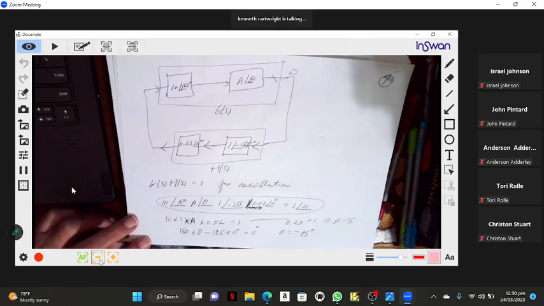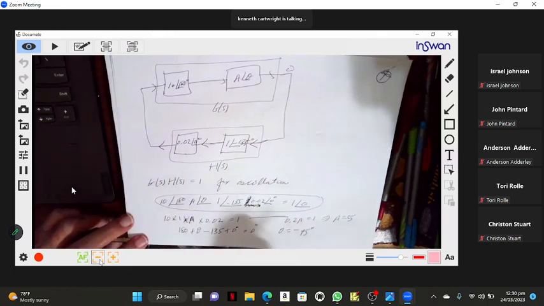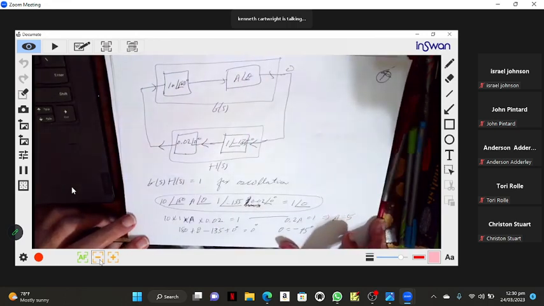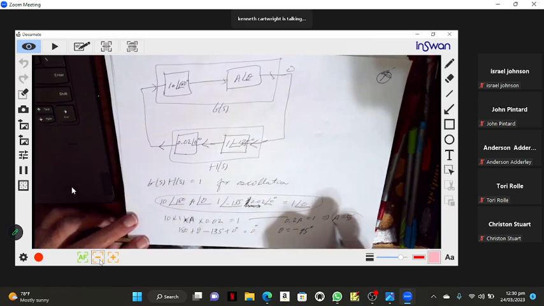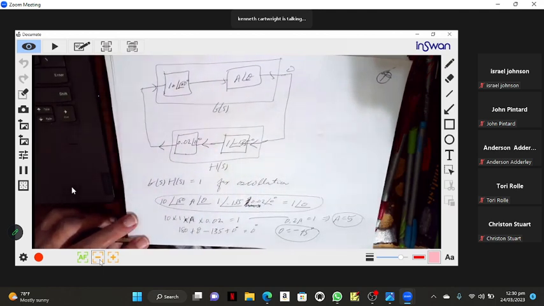So if we make A 5 and we make theta negative 45, we will have oscillation in that block diagram. We would create a sine wave. At the frequency where A equals 5 and theta equals negative 45, a sine wave will be created. Any questions about that?